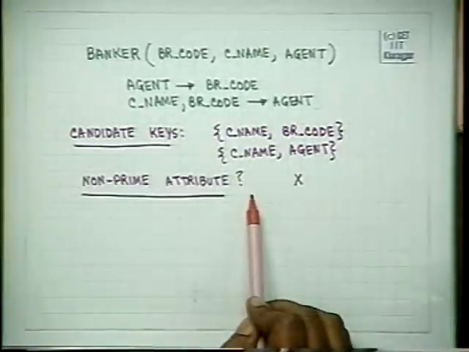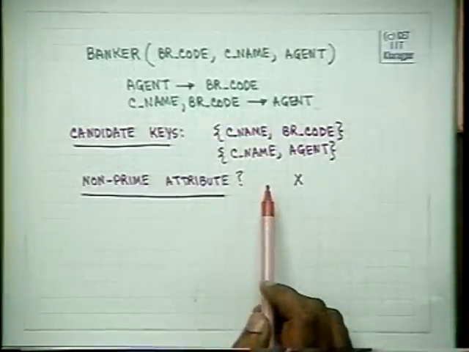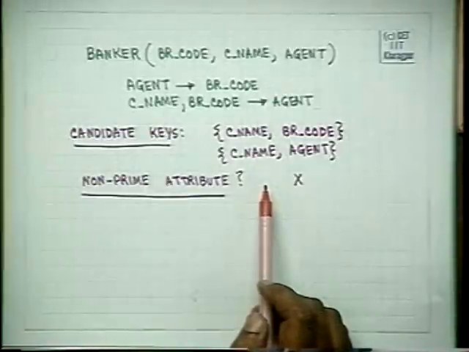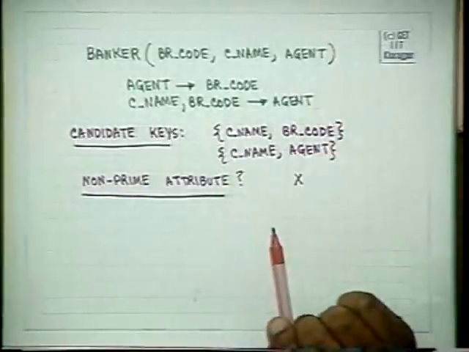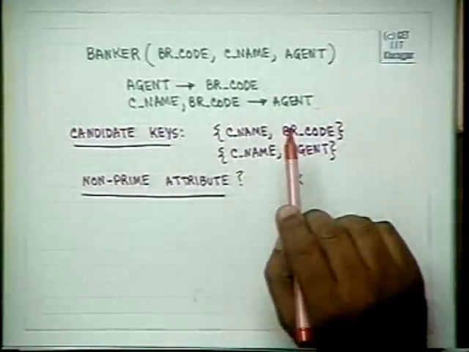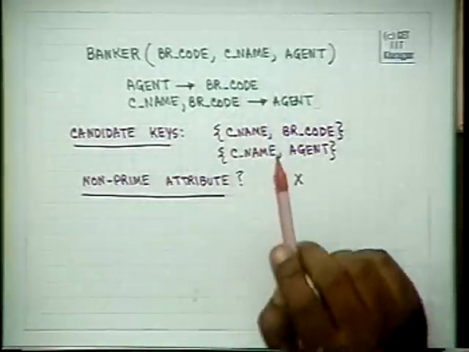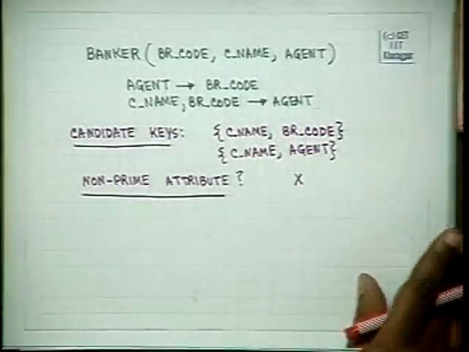This is also in third normal form, because third normal form says it must be in second normal form and a non-prime attribute cannot be dependent on another non-prime attribute. But there is no non-prime attribute here. Therefore, it is still in third normal form, but redundancy is still there. In order to avoid and prevent even this sort of a redundancy, we have a stricter form, which is called the Boyce-Codd normal form.